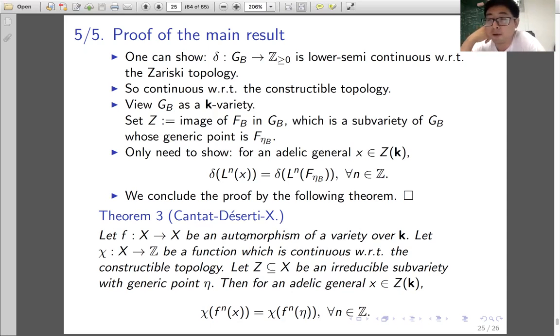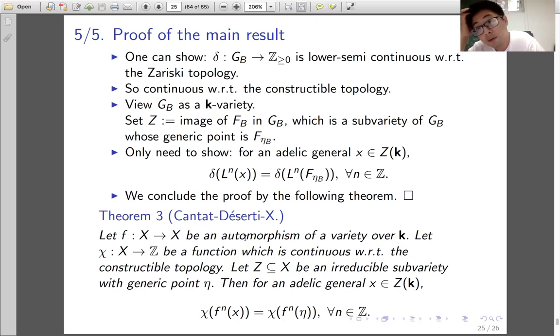I don't know, because for me the adelic topology, I don't use it as a topology. I use it as a language to speak of almost all points. Because I think a variety with the adelic topology maybe is not quasi-compact.